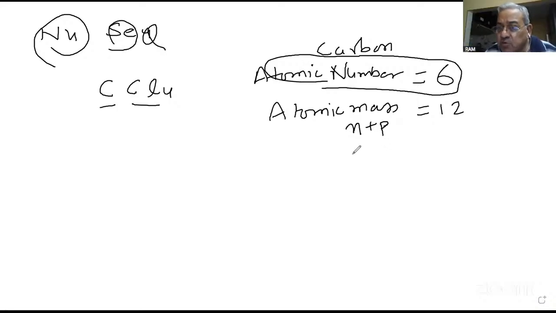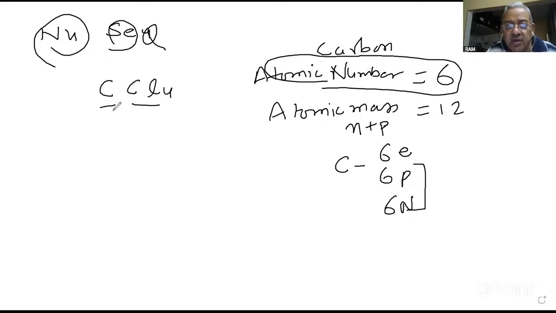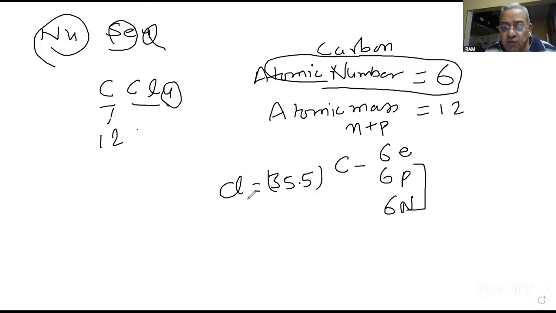See, carbon is having 6 electrons, 6 protons, and 6 neutrons. So atomic mass will be the sum of these two. So carbon here will be 12. The chlorine here is 4 atoms of chlorine. One chlorine is roughly 35.5, so Cl4 will be 4 into this.